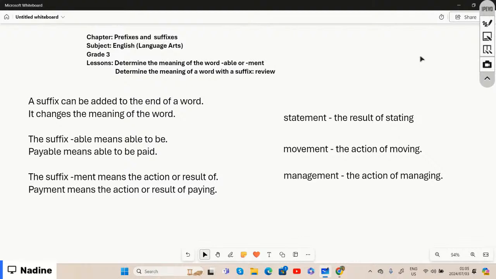And the lessons that we are going to be focusing on under the chapter of prefixes and suffixes are to determine the meaning of the word with the suffix able or ment, and that is going to be a review.